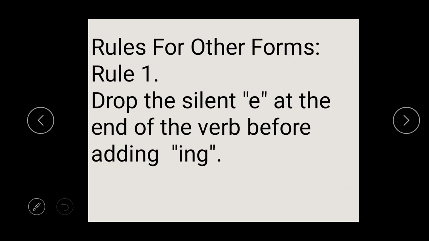Okay, so there are some rules to form your continuous tense adding ing. The rule number one says that there are some verbs that you see and they will have silent e at the end. Okay, there are some verbs that you see, but when you see them at the end, they usually have the silent e.